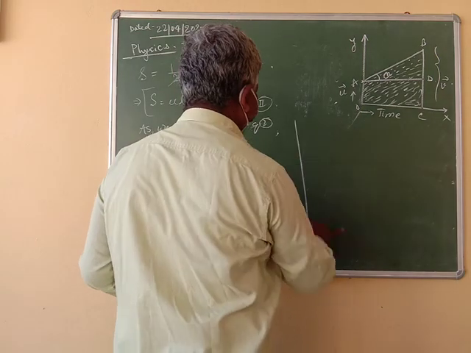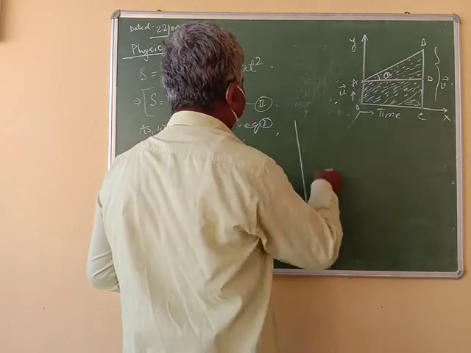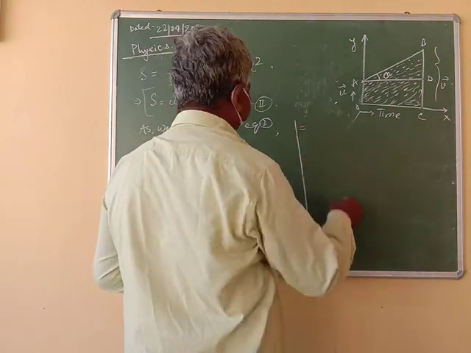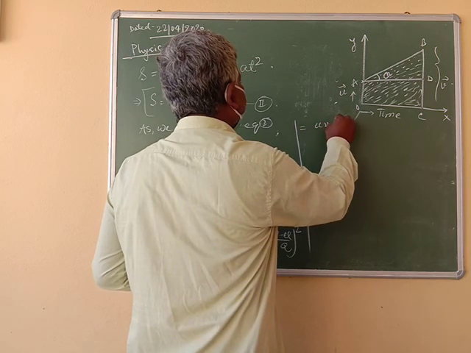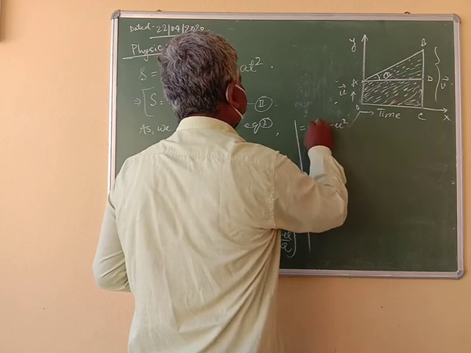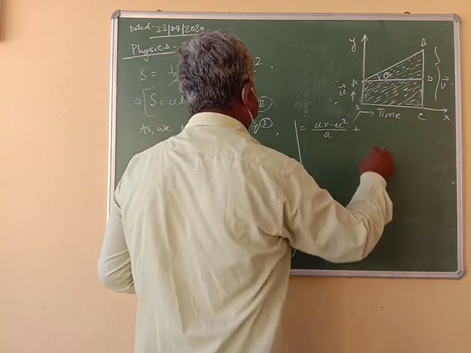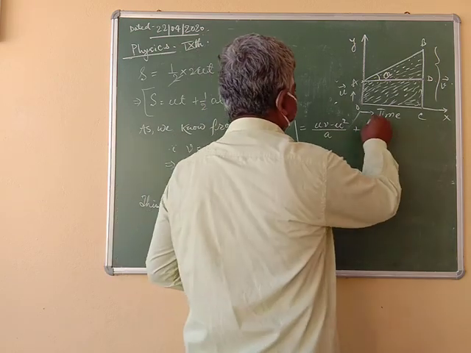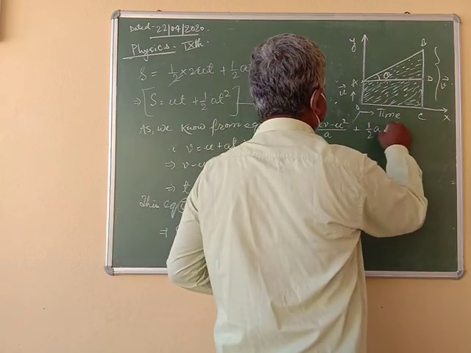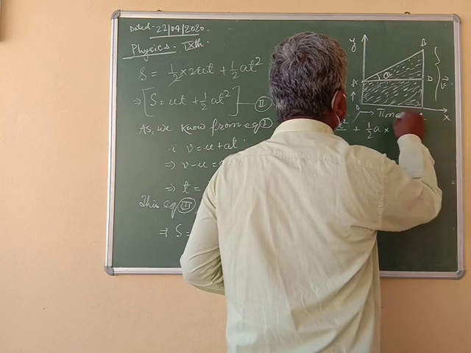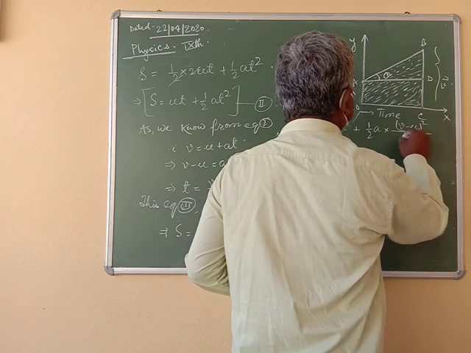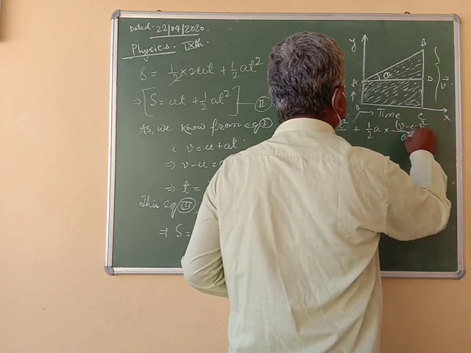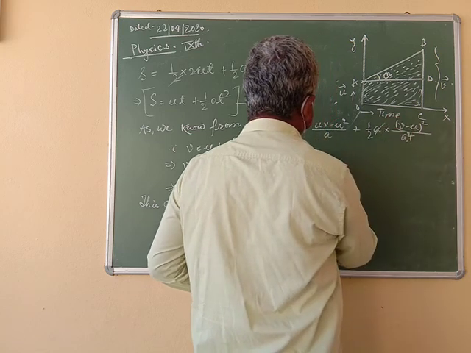Now the calculation is going ahead. ut minus u square over a plus half a into v minus u whole square over a square, that is a square cancels.